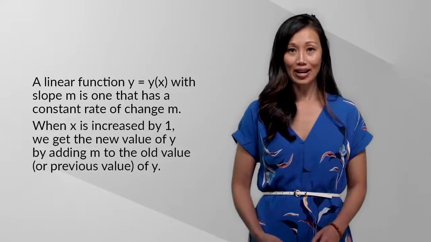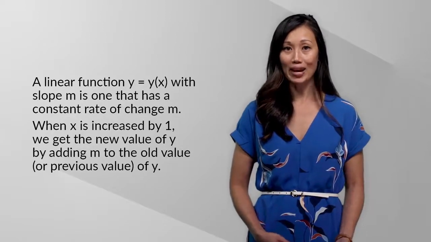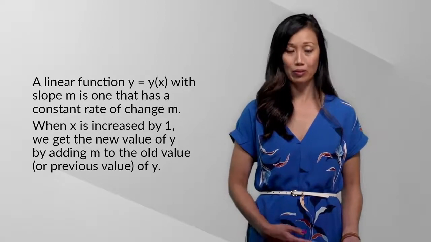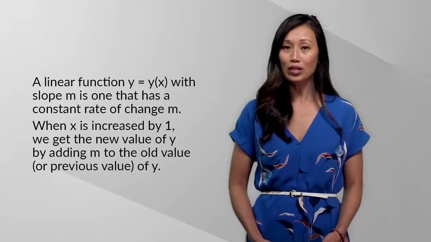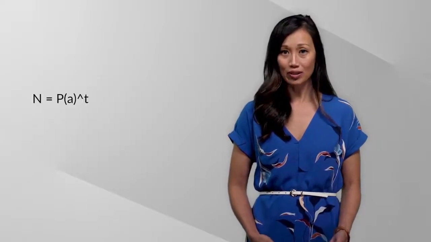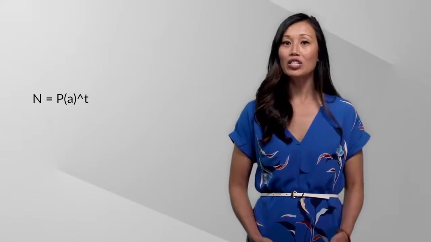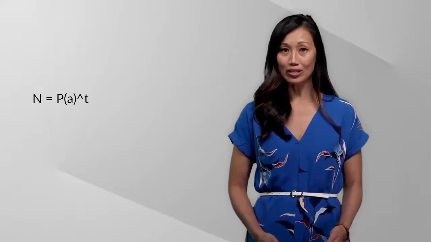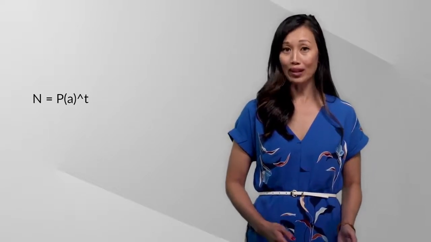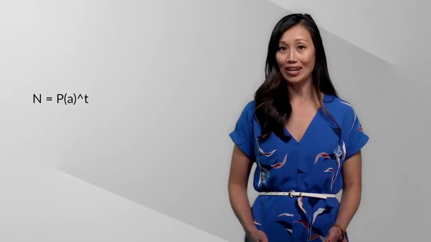That is, when x is increased by 1, we get the new value of y by adding m to the old value, or the previous value of y. In contrast, an exponential function, say n equals n of t, with base a, is one that changes by constant multiples of a. That is, when t increases by 1, we get the new value of n by multiplying the current value of n by a.